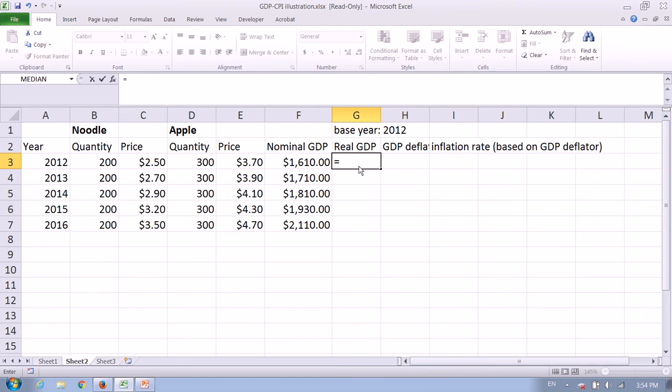This is by choice. Okay, market value of noodles, so it's B3 multiplied by price of noodles in year 2012, which is C3, and I'm going to use dollar signs to fix the difference, plus market value of apple, so it's D3 multiplied by price of apple in year 2012, so it's E3, and I'm going to use dollar signs to fix the difference.